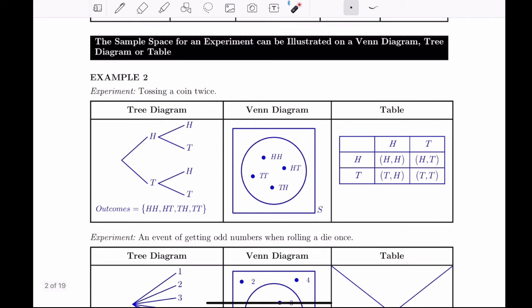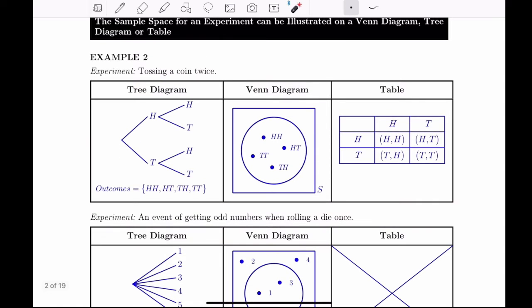Okay, the sample space for an experiment can be illustrated on a Venn diagram, tree diagram, or a table. So for example 2, the experiment is tossing a coin twice. Okay, so when we talk about a tree diagram, it must start from the same beginning. So starts from here. The possible outcomes are either we get a head or we get a tail.